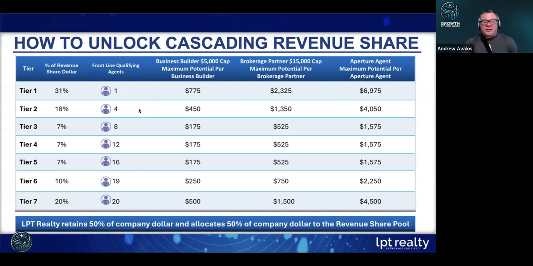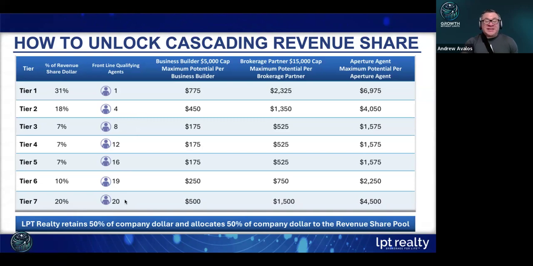And when you attract 4 or more, you unlock level 2. 8 or more unlocks level 3. 12 or more unlocks tier 4. 16 agents unlock tier 5. 19 agents unlock tier 6. And when you hit 20, you would have unlocked all 7 levels of revenue share.